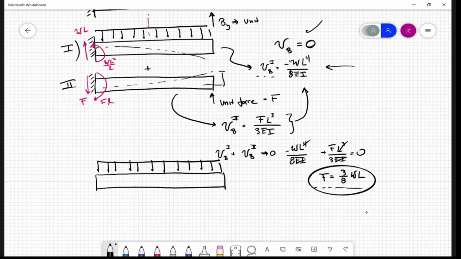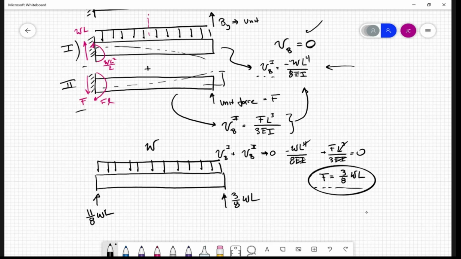And the reaction force on the right-hand side is F, so we know that's going to be 3/8 W times L. And then the reaction force on the left-hand side is going to be the sum of F and WL. So F is 3/8 WL, and we add another WL on. That's an 8/8. So acting up here, we have 11/8 WL.